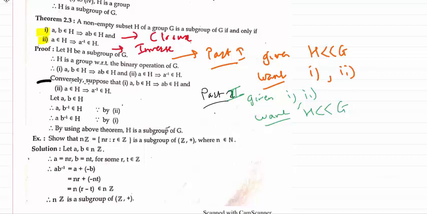Out of the four, the first property is closure and the fourth is inverse.